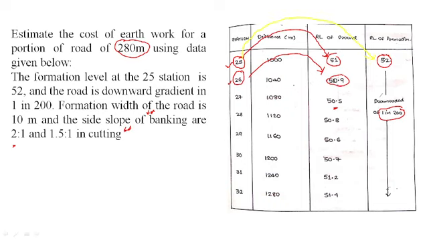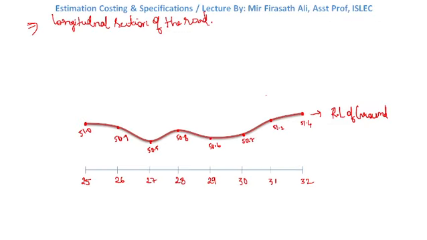RL of formation. How much is it? RL of formation is 52. At the starting, how much was it? 52. At 25th station, how much is it? 52. So just above this, here we will be marking one point, which is nothing but 52.